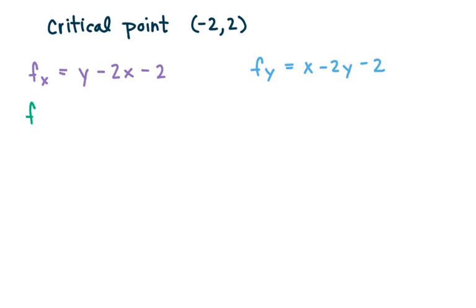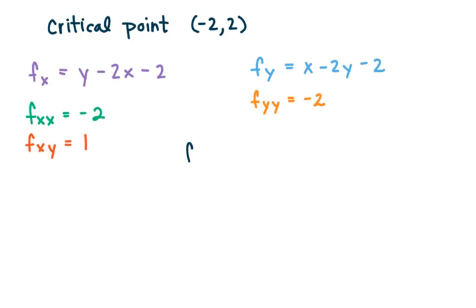We've got fxx, that's going to be negative 2. fxy is going to be 1. And fyy is going to be negative 2. Using this, I'm going to determine my discriminant.